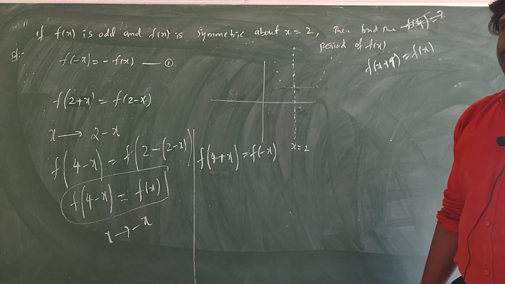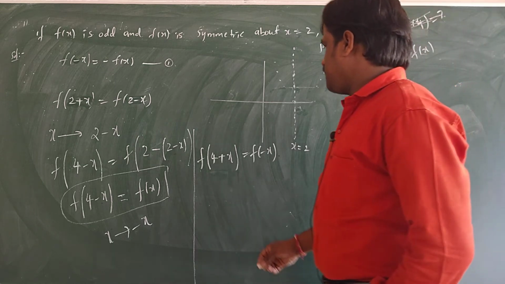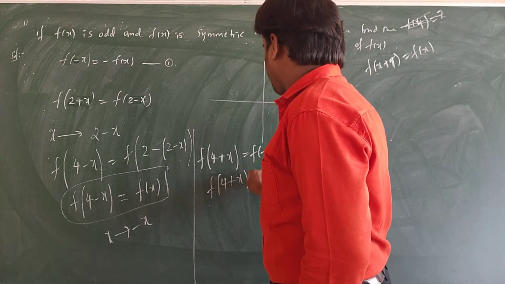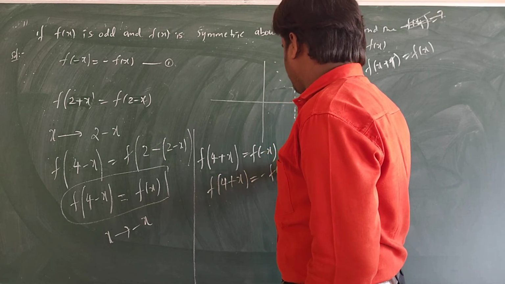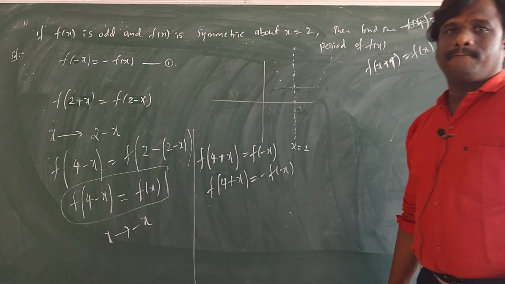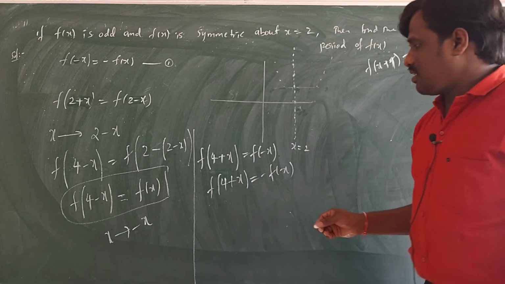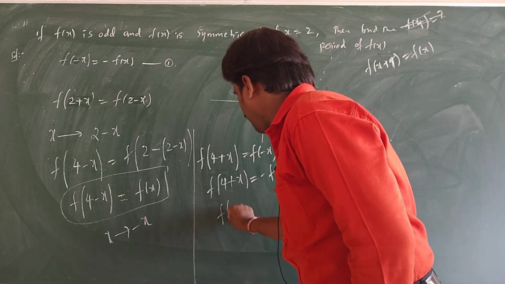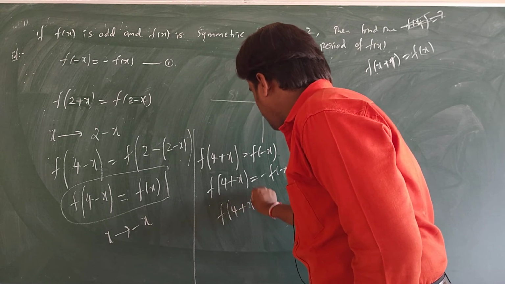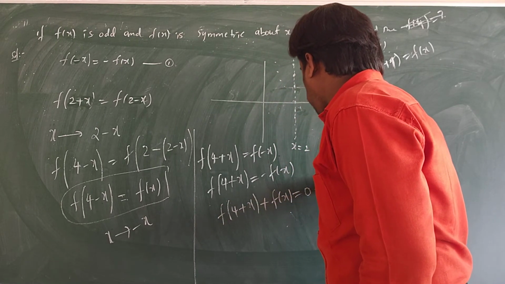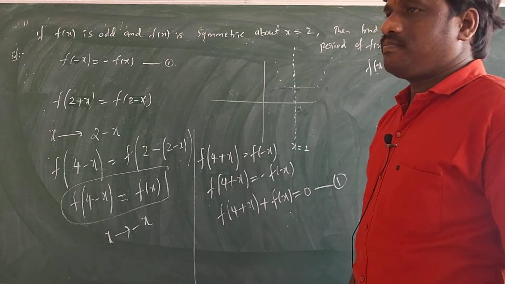But still, any use? Let's see. F of 4 plus x is equal to minus f of x. Minus f of x, I'll send this side. Then what do I get here? F of 4 plus x plus f of x is equal to 0. Correct?